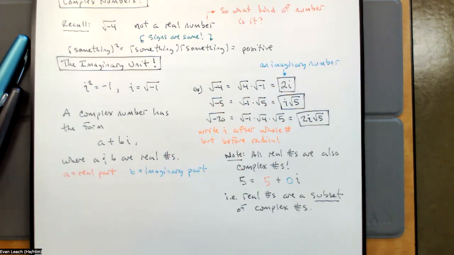Usually when we first start talking about radicals like square roots, we say the square root of a negative is not a real number and we leave it at that. The first appearance of complex numbers is traditionally when we're solving quadratic equations.